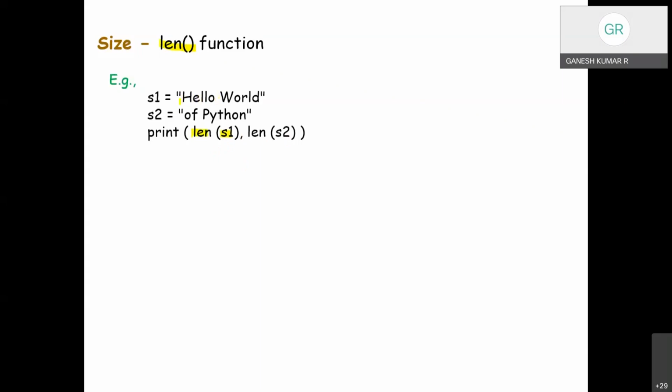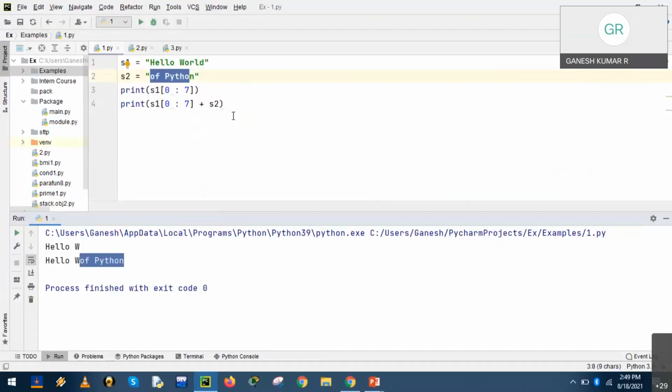So all the characters enclosed between a pair of double quotes are counted. 1, 2, 3, 4, 5, 6, 7, 8, 9, 10, 11. So print of the length of S1 will be 11. Let us check with the same example.